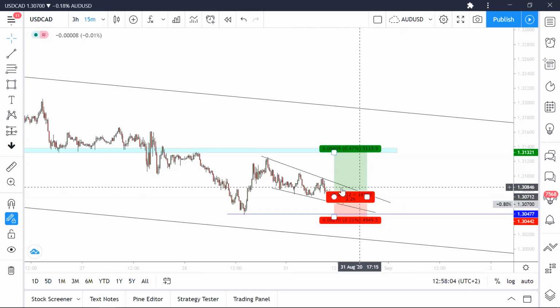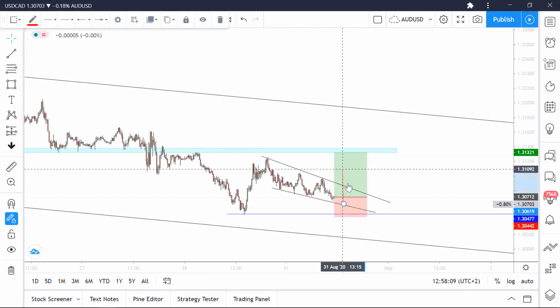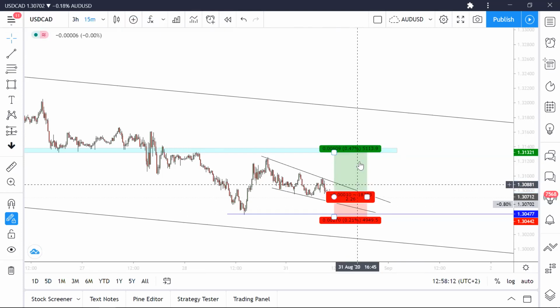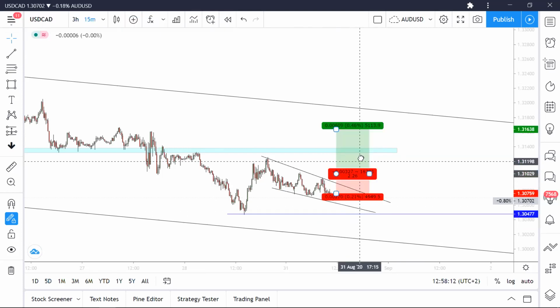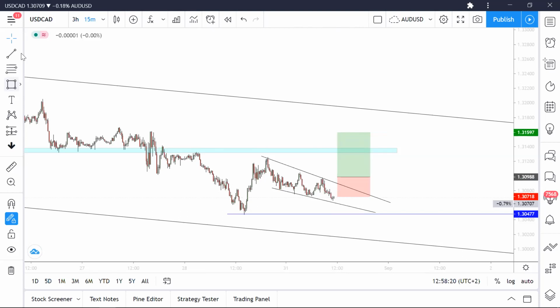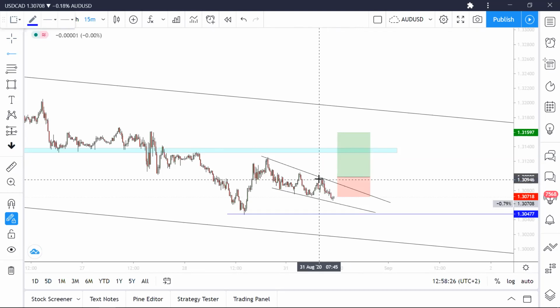Even though this is a bit of an aggressive entry, the way that I would prefer to enter this trade, honestly, is for price to actually break above this structure here, as I've explained before. Then if you look to your left, you would see that you have a minor resistance right here.